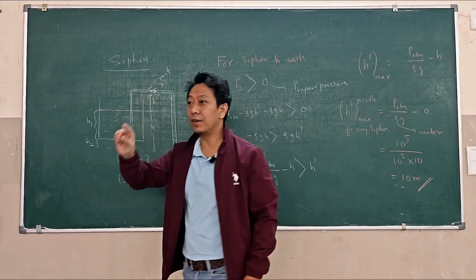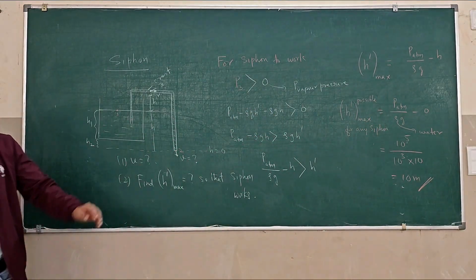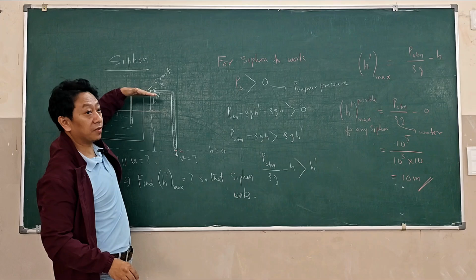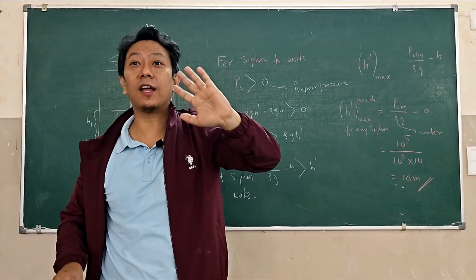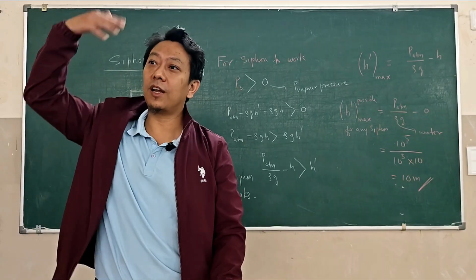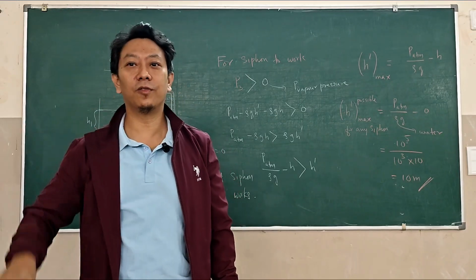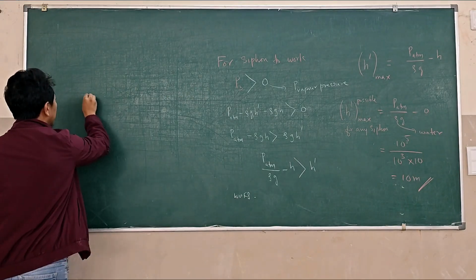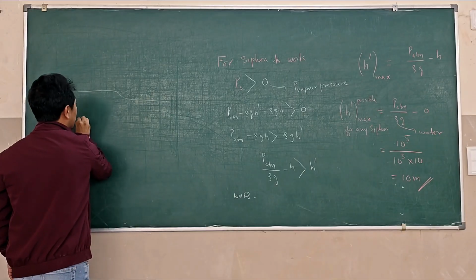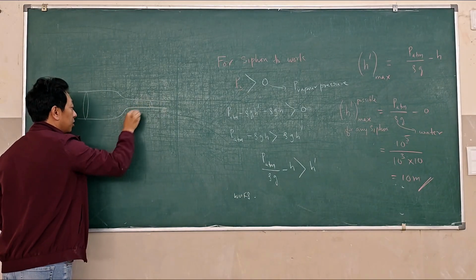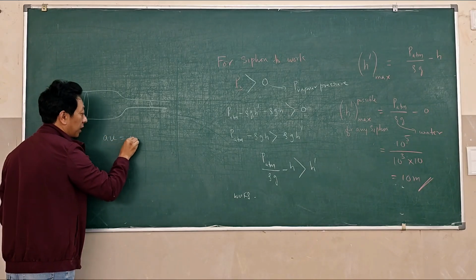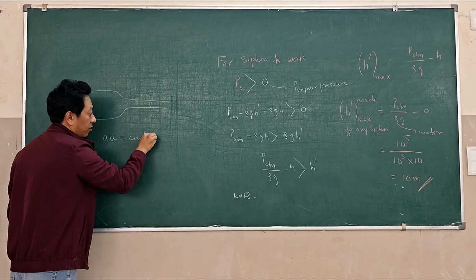So for any siphon to work properly, the maximum value of this height should be what? 10 meter. That means it should be less than 10 meter to work. More than 10 meter if you do, no siphon will work. So I told you then that when water comes out through the pipe, whether you choose this area or this area, A into V is constant.